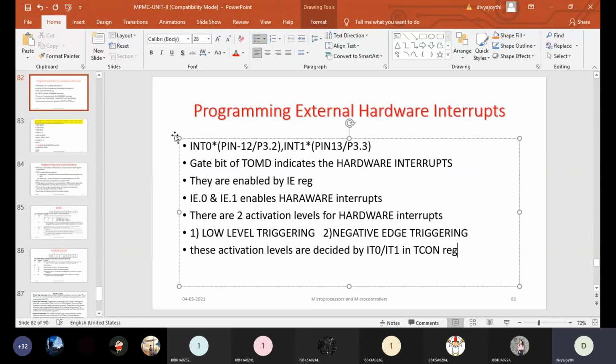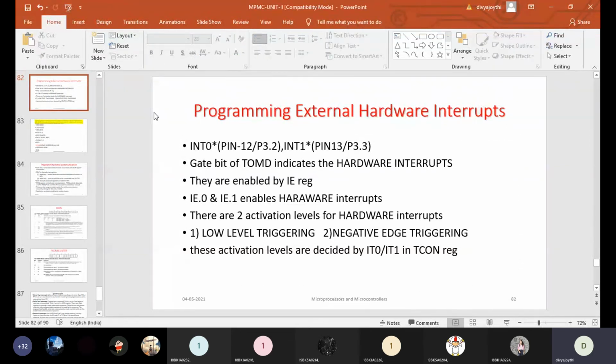So totally, in order to understand hardware interrupts, we should have clear knowledge of three types of registers. One is the TMOD register, which gives the information of the type of interrupt, that means whether the controller should serve the hardware interrupt or software interrupt. That information is passed to the controller through the gate bit of the TMOD register.